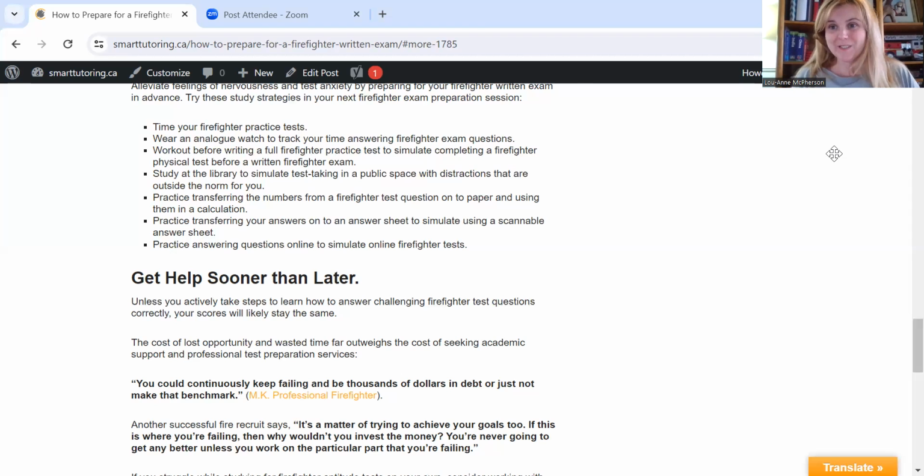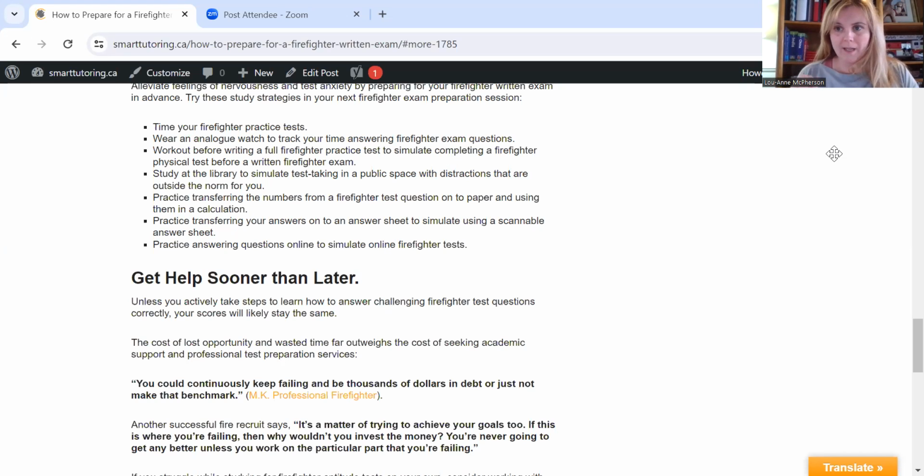And I was working with a student and we did all of that. She got into her test and she came out and she said they didn't have a clock on the wall in the test room. There was no clock anywhere. So all of that work she did in terms of managing her time went out the window, literally, because she didn't have a clock. She just didn't have a way to watch her time.